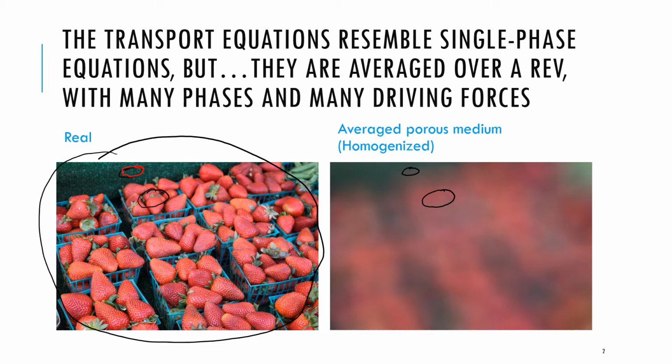So the original geometry, original details are somewhat smeared over. It's not going to represent the exact structure, but this smeared model, as shown on the right, is the nature of the approximation over which the equations that we're about to see are valid.